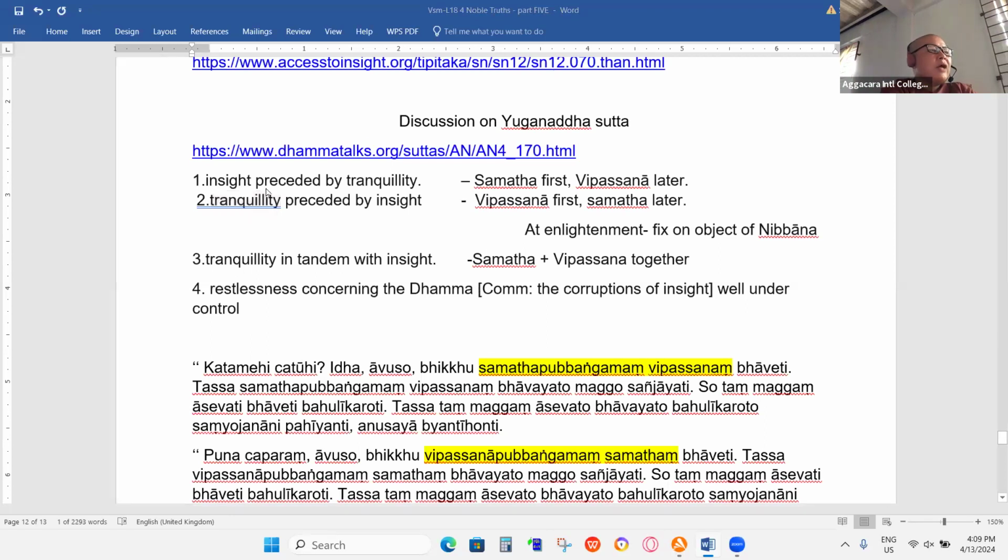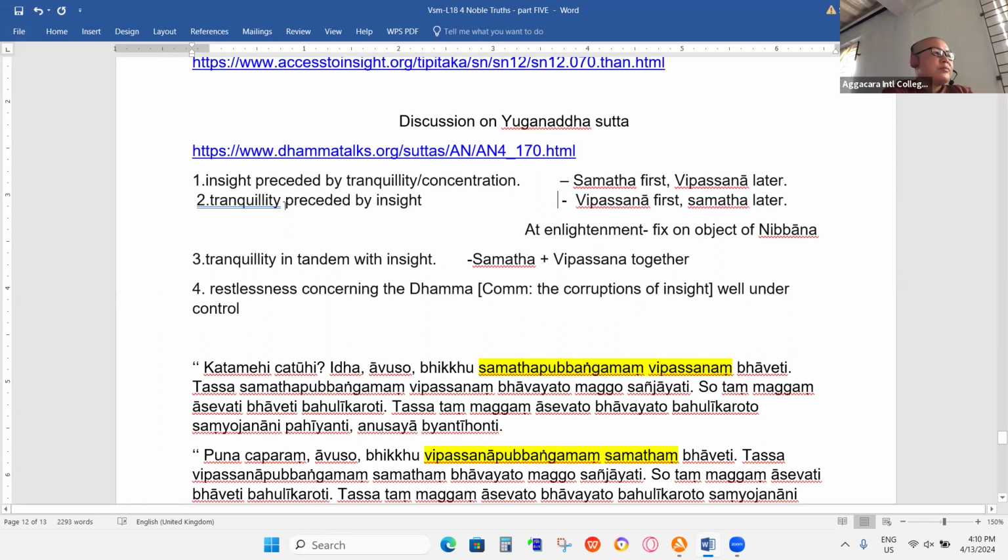So your mind will calm down totally, unite with the object. Tranquility is actually not the right translation. The word samatha means concentration. That's why learning the English is very bothersome. Might as well you learn the Pali, samatha or vipassana. That's all.